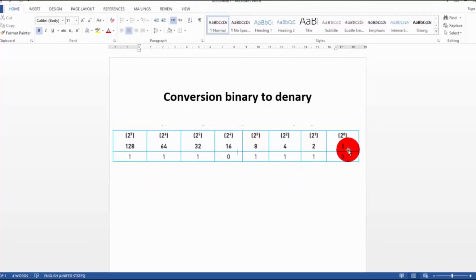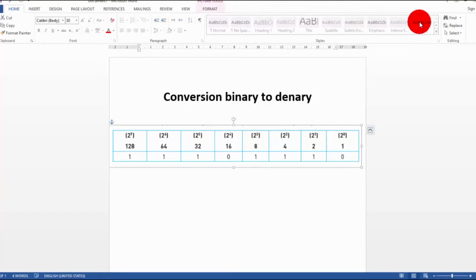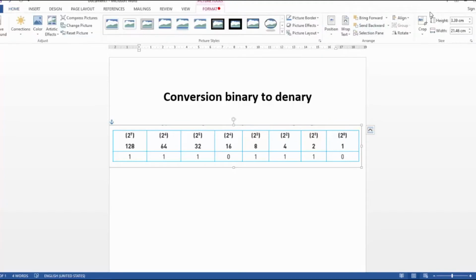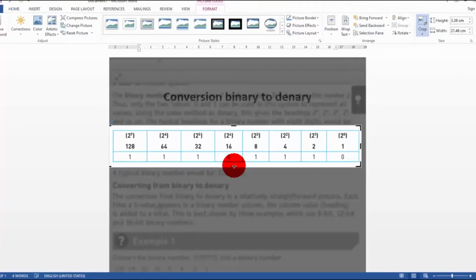Now we have to place the 1 2 4 8 method over the bits. You can see I have numbered it 1, 2, 4, 8, 16, 32, 64, 128. Now this is a confusing part, how does it become this? So you have to focus on the digit 2. Let me crop this image for you so you can easily understand it.